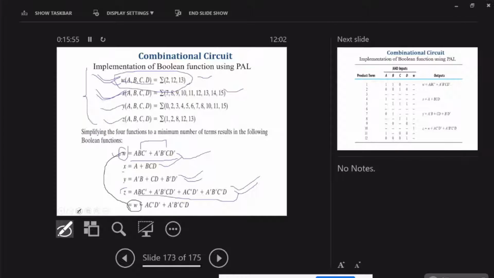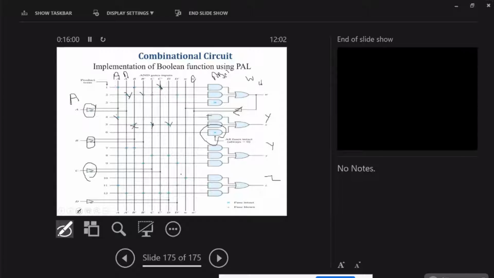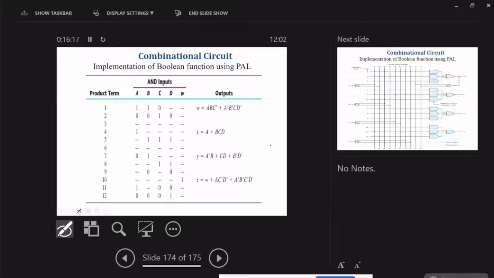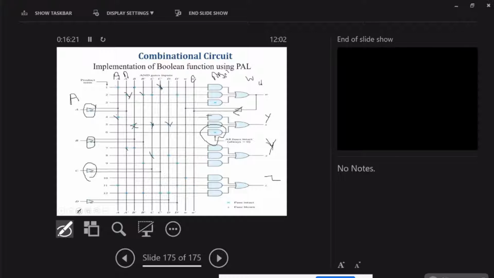Next is A dash B plus CD plus B dash C dash. So A dash B, this is C, D and B dash D dash. So this generates Y, and for Z, W plus A C D C dash D dash. So W we know we have already taken.